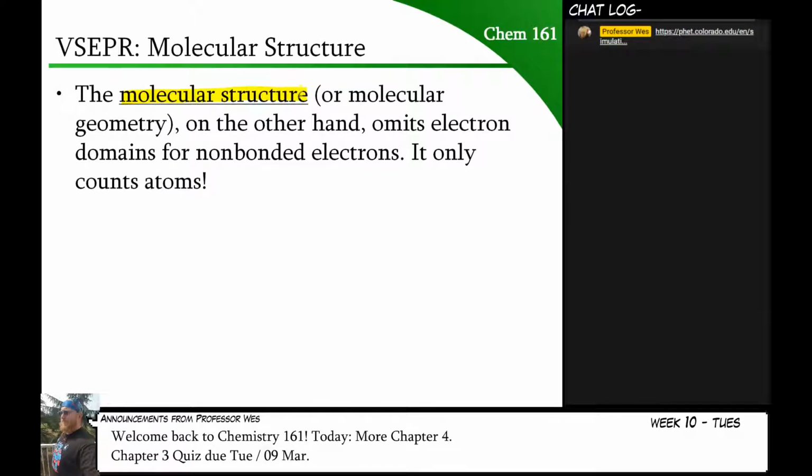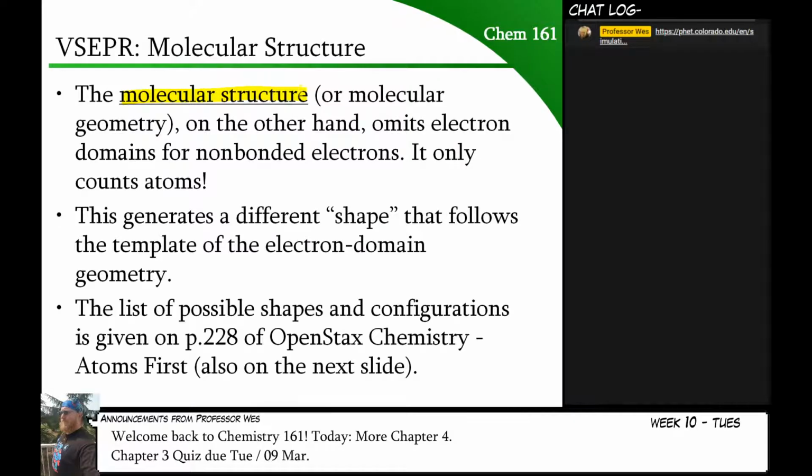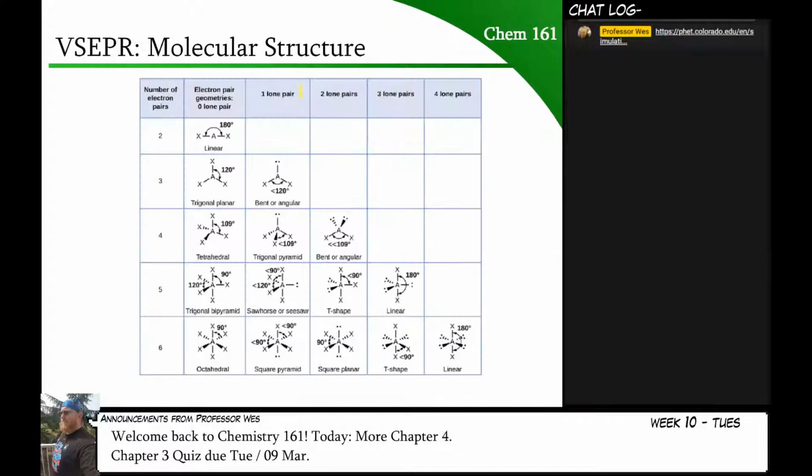I call it molecular geometry. And we're going to omit electron domains in terms of the overall shape, but not their effect. So all the angles remain the same. But what is shown changes. And we're going to get a different shape, which has this chart over here. It shows those shapes.